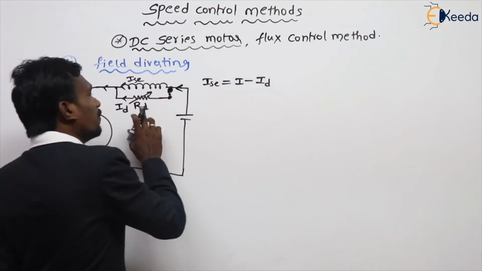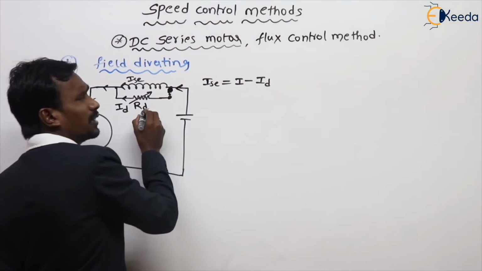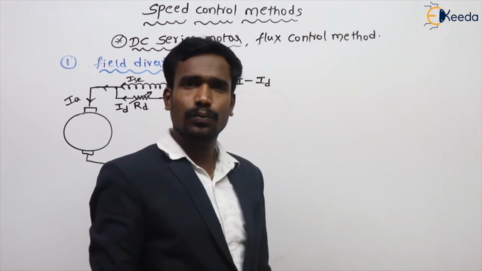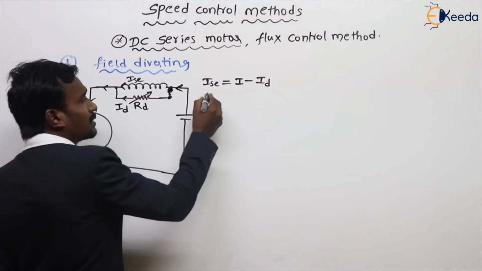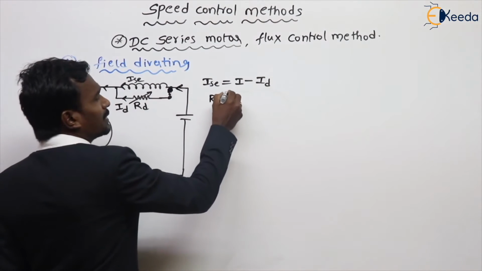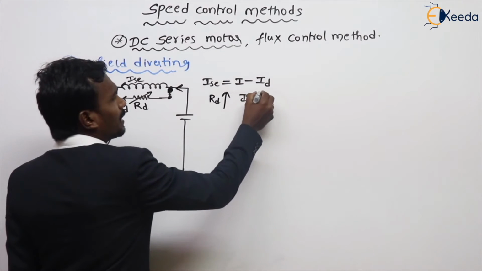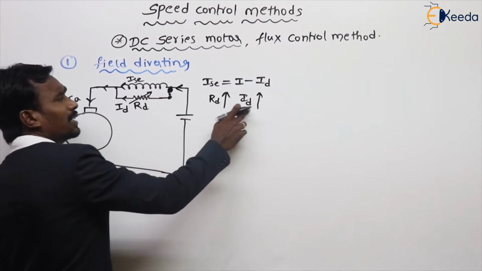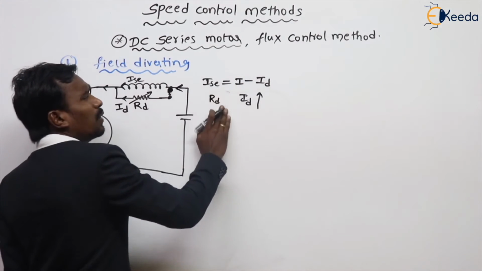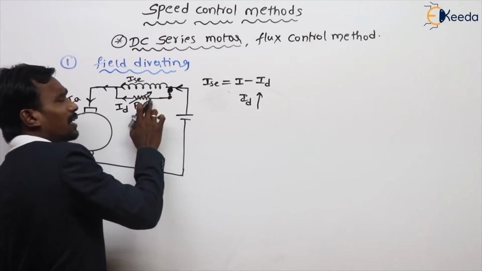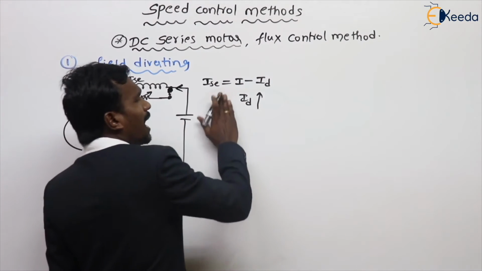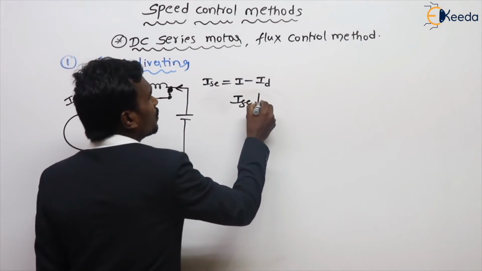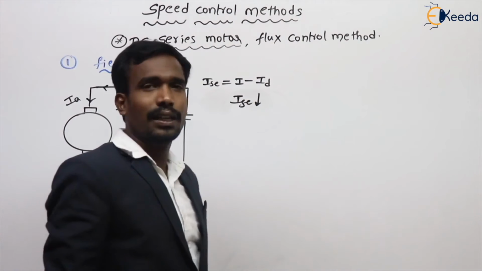Generally, first take the RD at minimum position and set the speed at rated value. Then gradually increase the diverting resistance, that is, increase the diverting current, and simply we reduce the series field current.